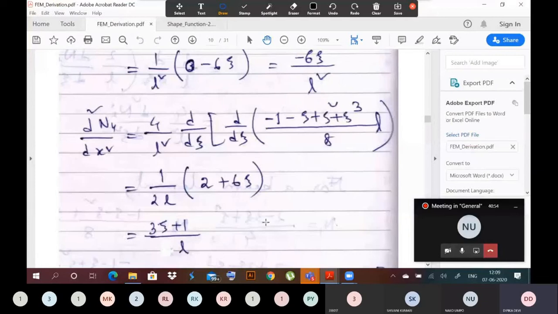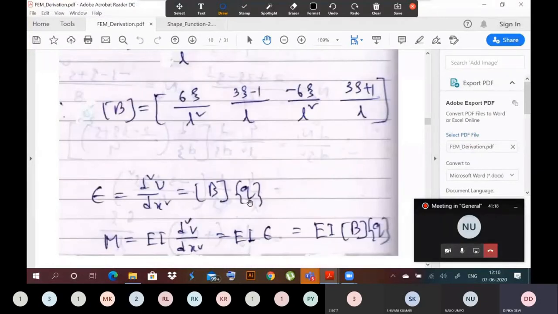Therefore, the strain resultant will be equal to d square V by dx square, that is B into Q, where B is equal to this and Q is the nodal displacement: V1, theta 1, V2, theta 2. Then you can find the moment, that is the stress resultant, EI d square V by dx square. So EI into epsilon, that is EI B into Q, is the moment.